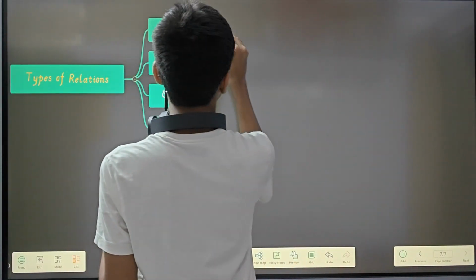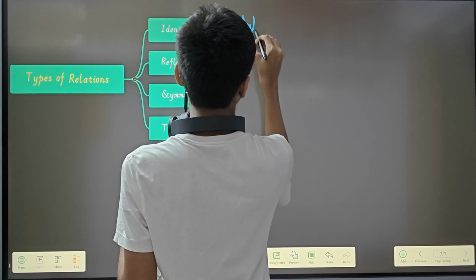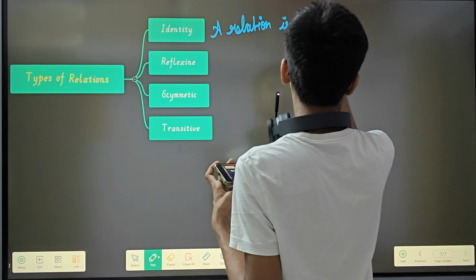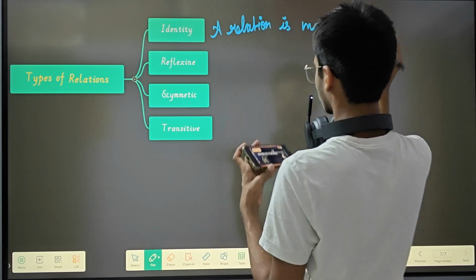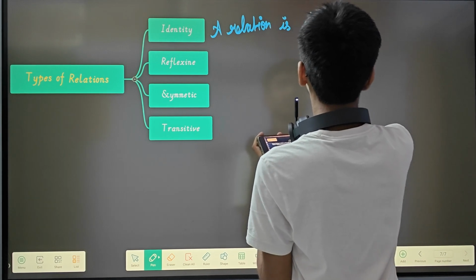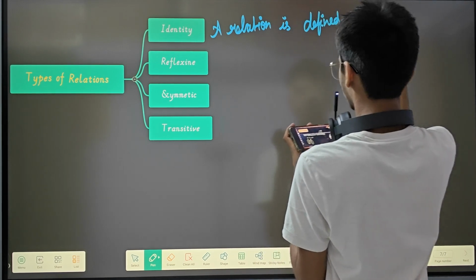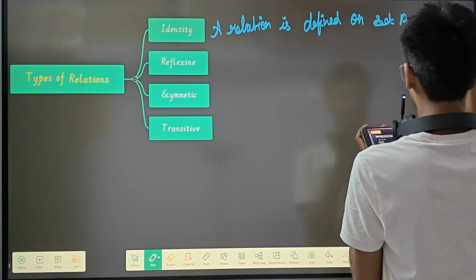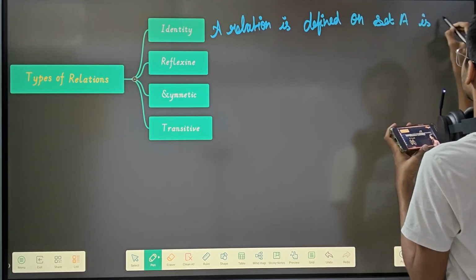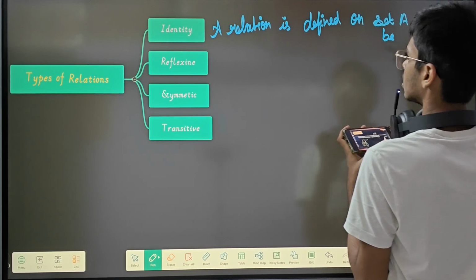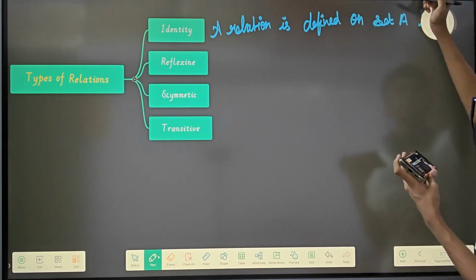Actually, when a relation is defined on set A, it is said to be identity. Okay, so this is what it is.